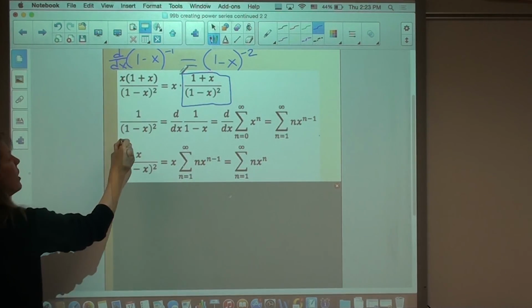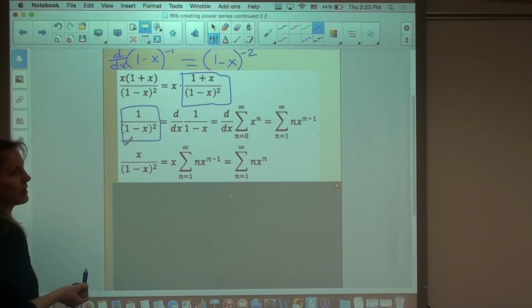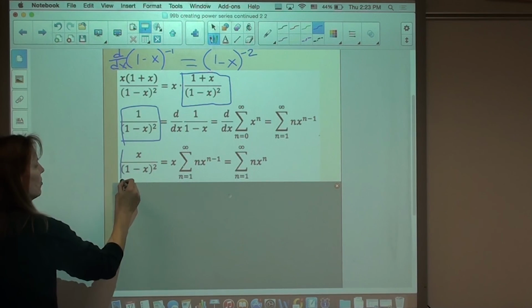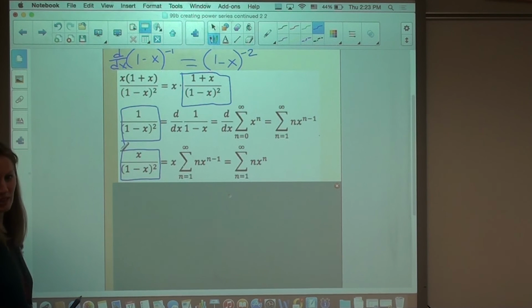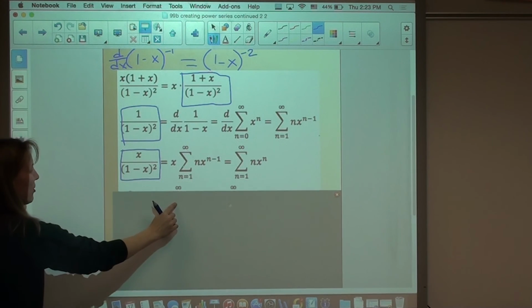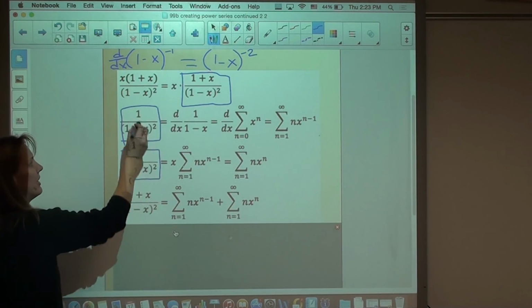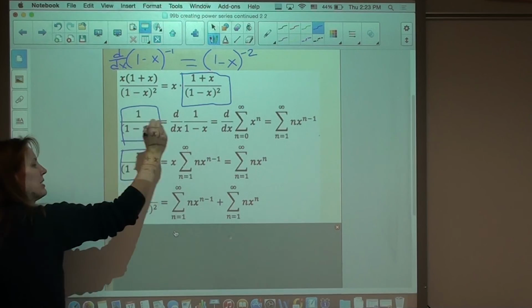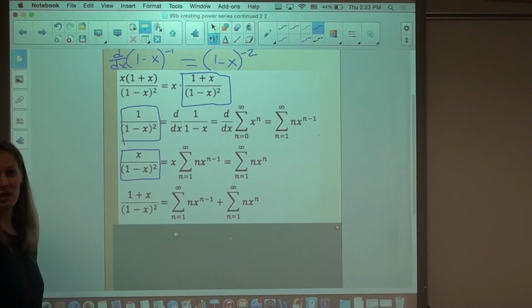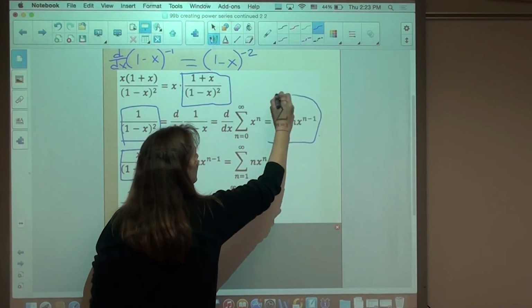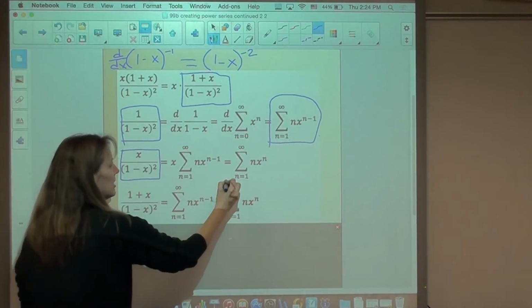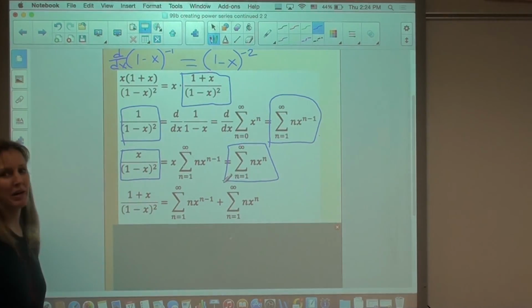We know what 1 over (1 minus x) squared is, and we know what x over (1 minus x) squared is. Did you just figure it out? So (1 plus x) over (1 minus x) squared is literally what 1 over (1 minus x) squared is plus x over (1 minus x) squared.